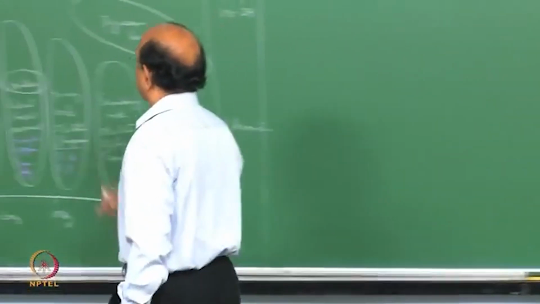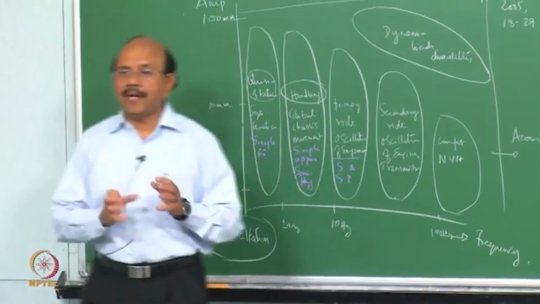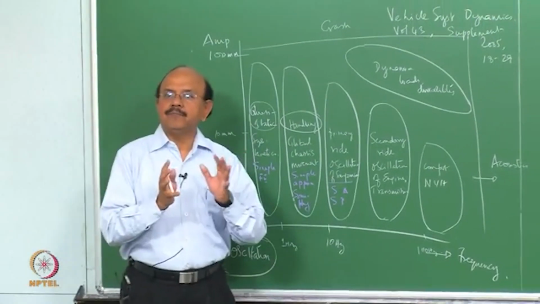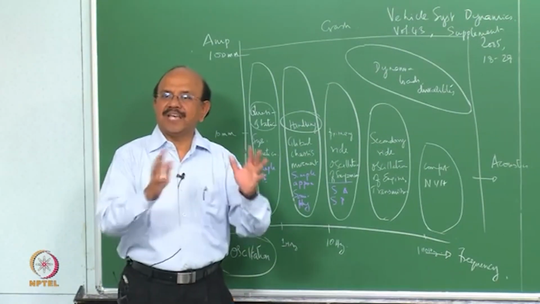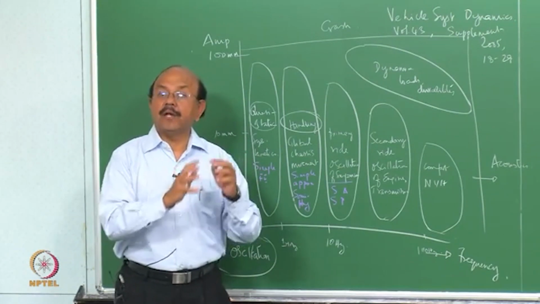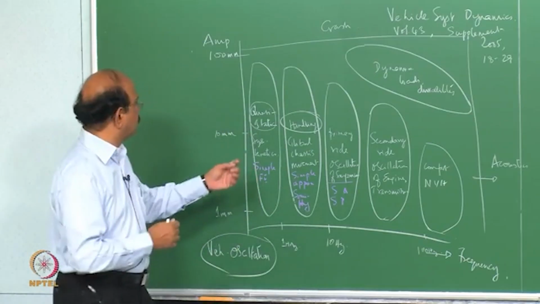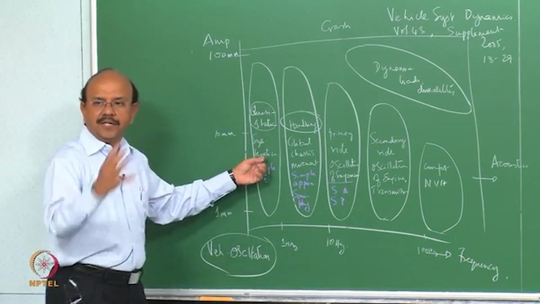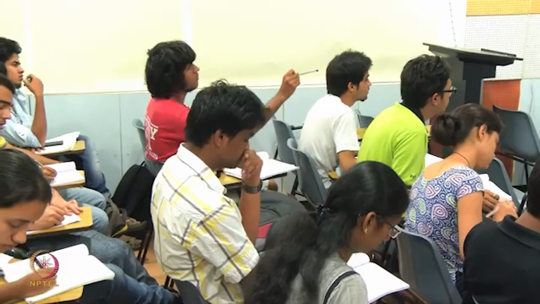What are the quasi-static oscillations you are interested in? Quasi-static is where I am looking at the suspension mechanics or mechanism, steering mechanisms. So suspension kinematics, steering kinematics, and so on.